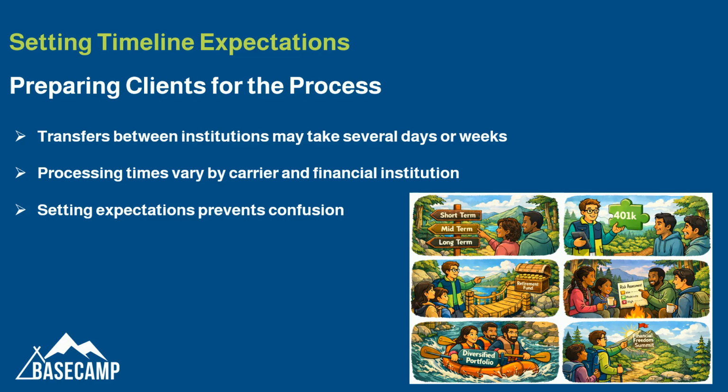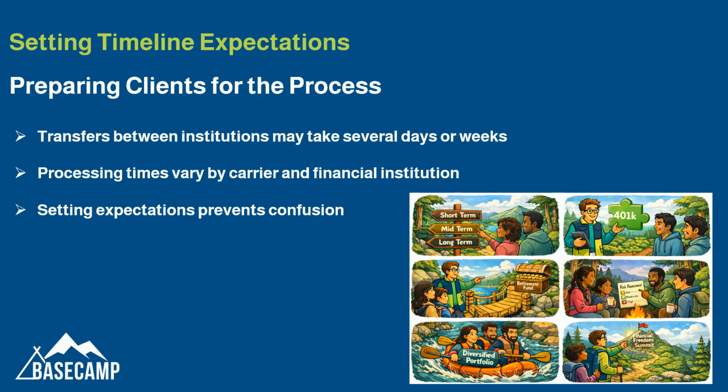The releasing institution needs to process the transfer request, and the receiving carrier also reviews the application and documentation once everything is submitted. Because of that, setting clear expectations early in the conversation can help prevent confusion later. Letting clients know that the process may take a little time helps them understand that several steps may occur behind the scenes before the contract is finalized.